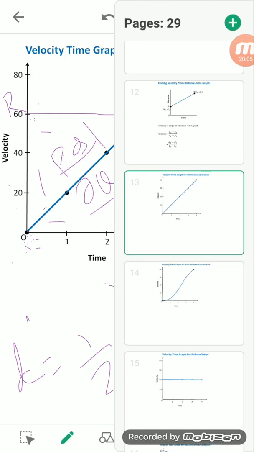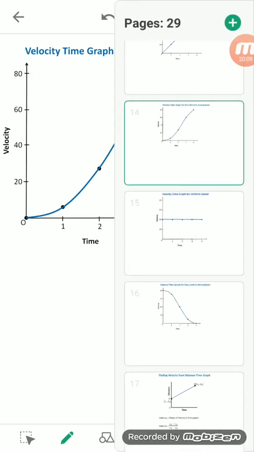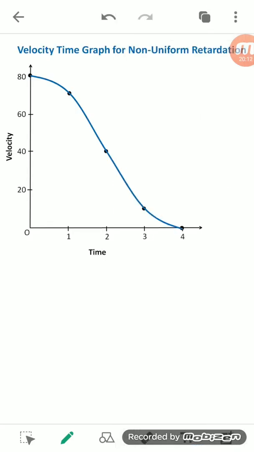Now we will come to the next one, and that is non-uniform. When we talk about a speed time graph of a body, a straight line sloping upward is called uniform acceleration.